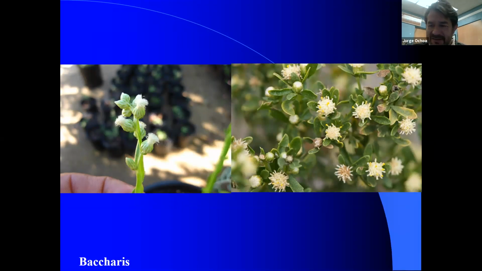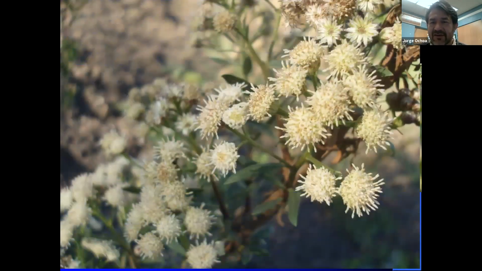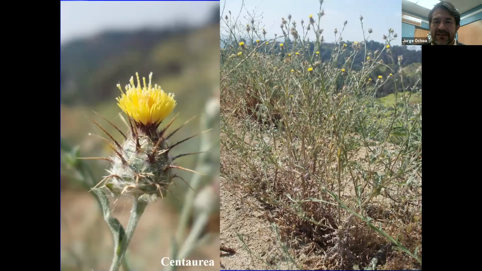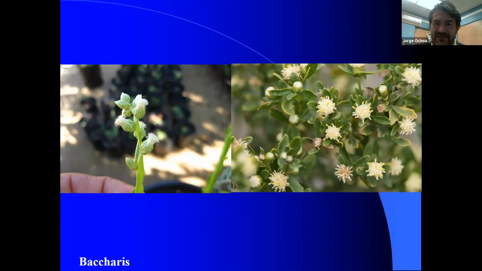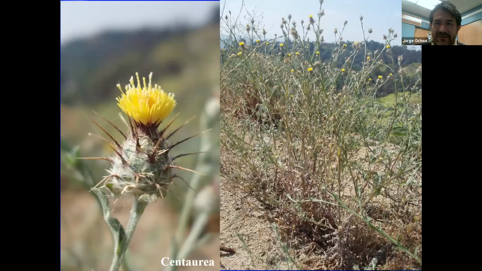They're going to behave the same and they're going to look very similar. So here is our native Baccharis, Baccharis salicifolia or mule fat. So you can see similarities in both of them. So similar plants, different areas.